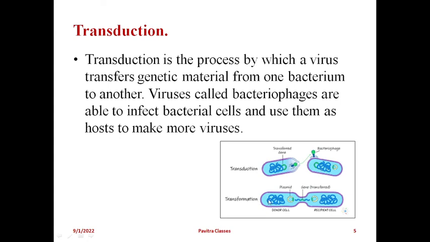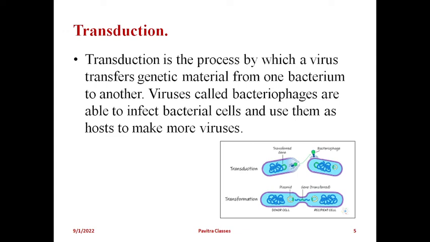So this is the transformation, you can see here, and this is the transduction. These are the differences between the donor cell and the receptor, or acceptor, cell. This is the donor, and in transformation there is direct intake. But transduction is only the movement of viruses from this bacterium to another bacterium.